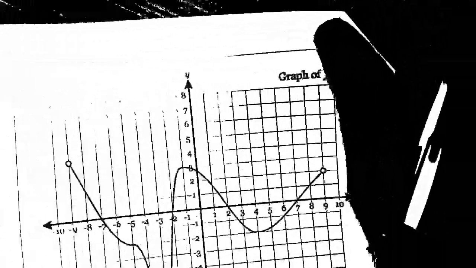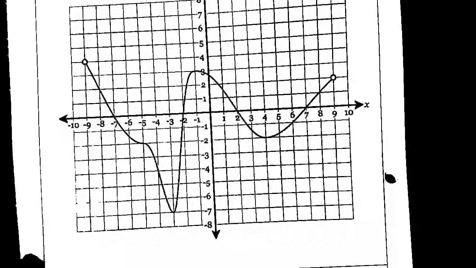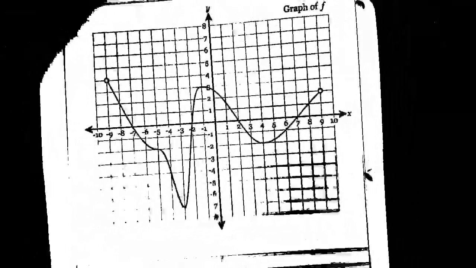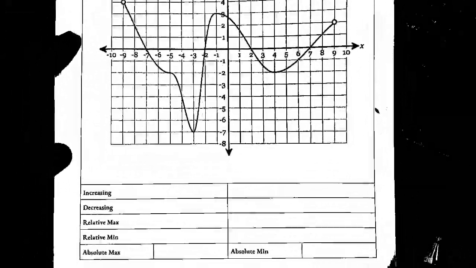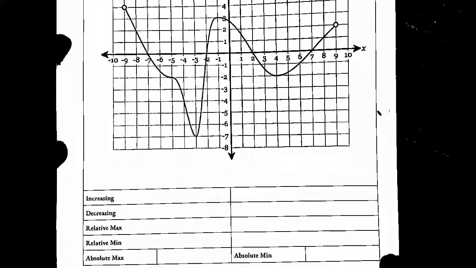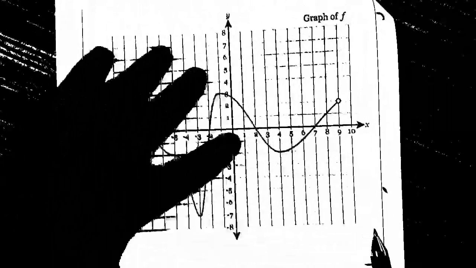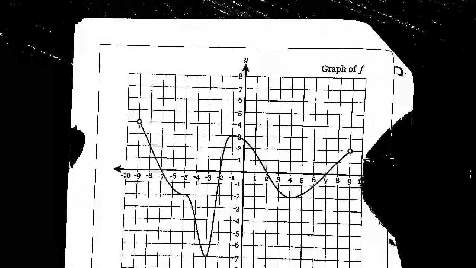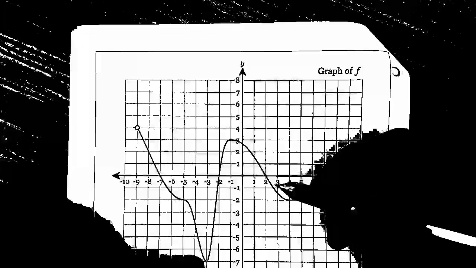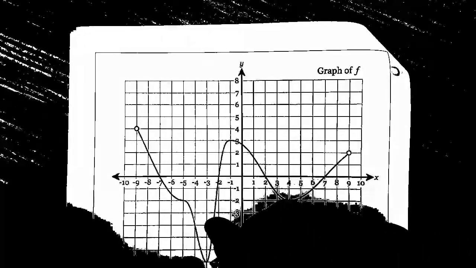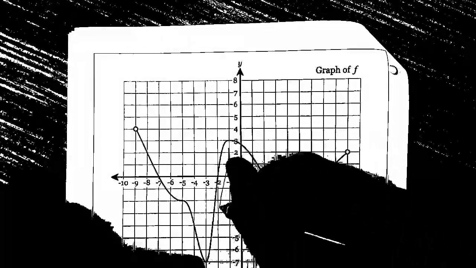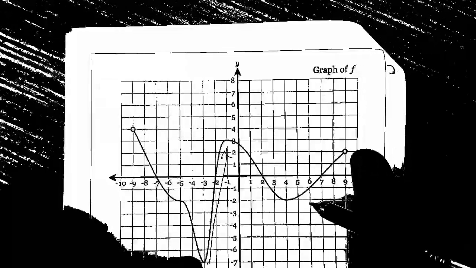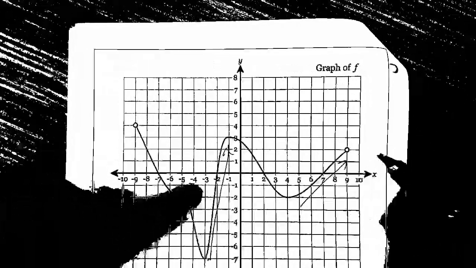Here we go, number 3. Here you're asked to find where it's increasing, decreasing, where it has a relative max, where it has a relative min, where it has an absolute max. I'll just label it on the graph. It is increasing from -3 up to -1, and it's also increasing from 4 to 9.